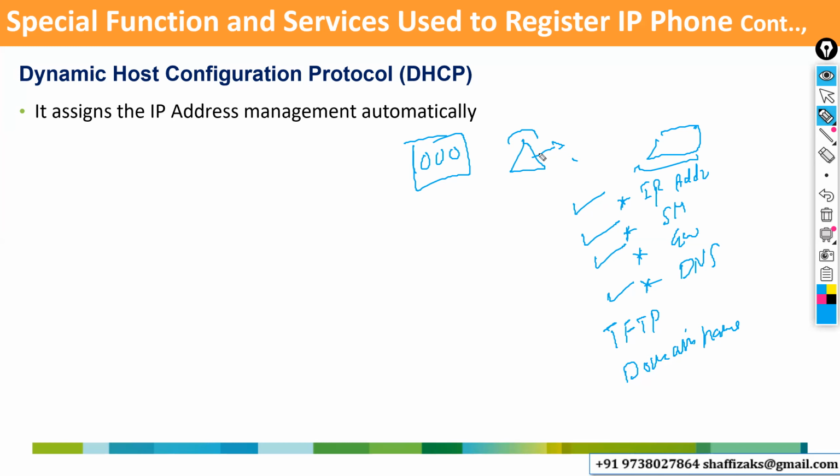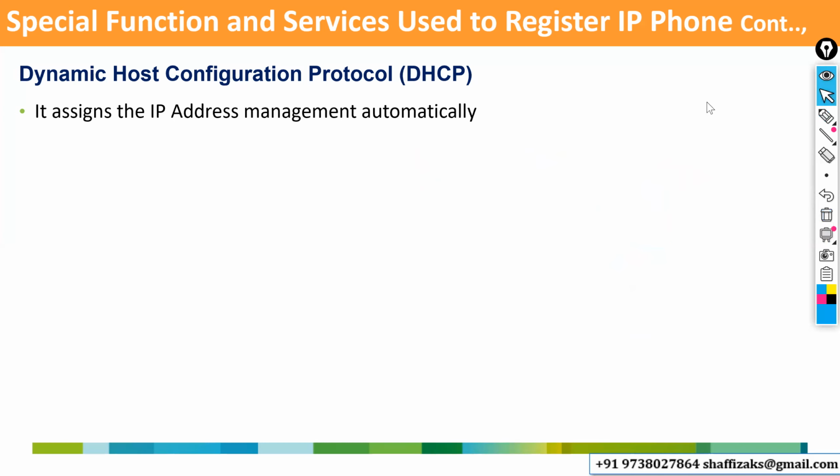Okay, got it? Why do we require DHCP here in the Cisco unified infrastructure? Because not only for laptops and desktops, even for the IP phones, we get an IP address from the DHCP server. It provides all these addresses automatically and handles IP address management automatically.